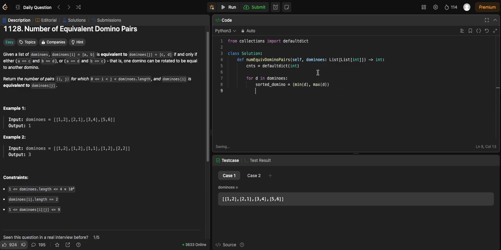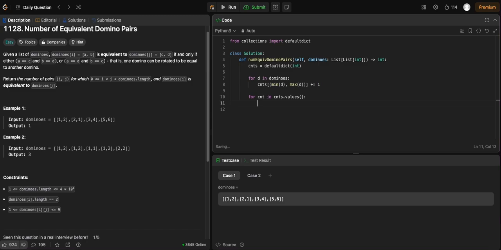Because if we always rearrange it so the smaller item is first and the larger item second, we have basically done the rotation thing. So here, I guess we don't even need the sorted domino variable. We can just do counts and add the frequency of that. And now we only really need the values, so for count in counts.values().